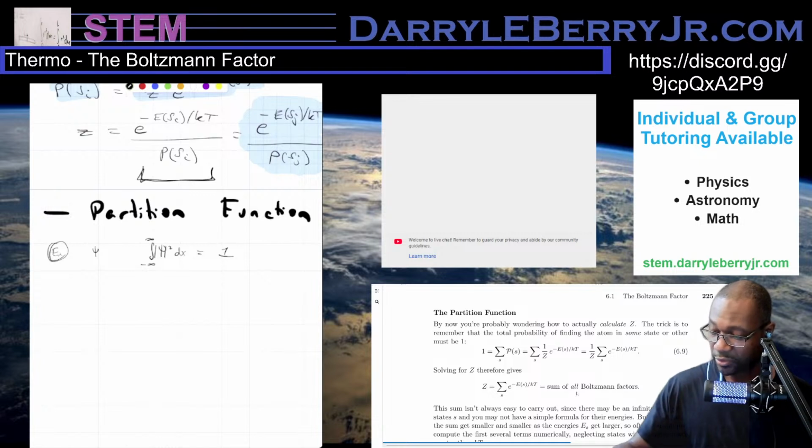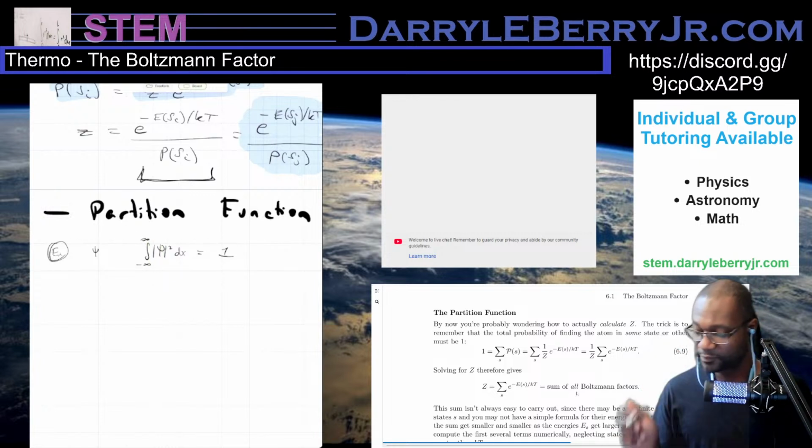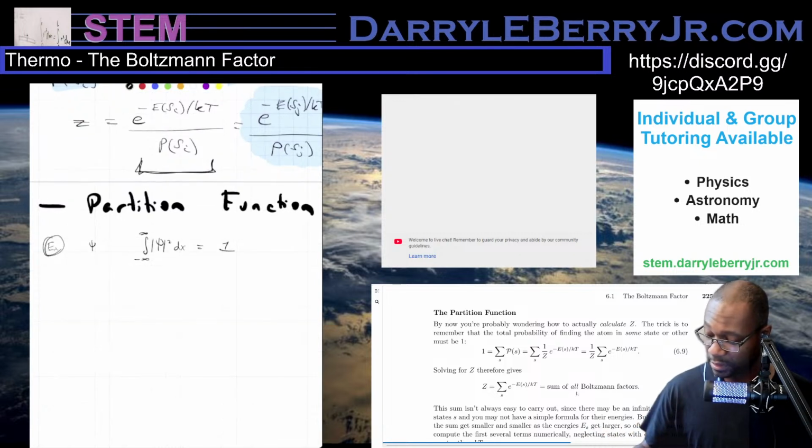In other words, the particle is going to be located somewhere. If you integrate the state over all space, that gives a probability of 1. The psi squared dx is the probability density. Integrating the probability density over all space gives you 100%, since the particle is somewhere it exists.